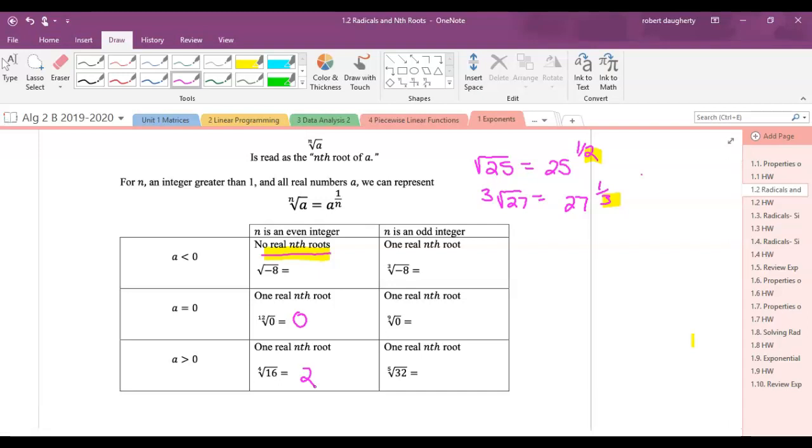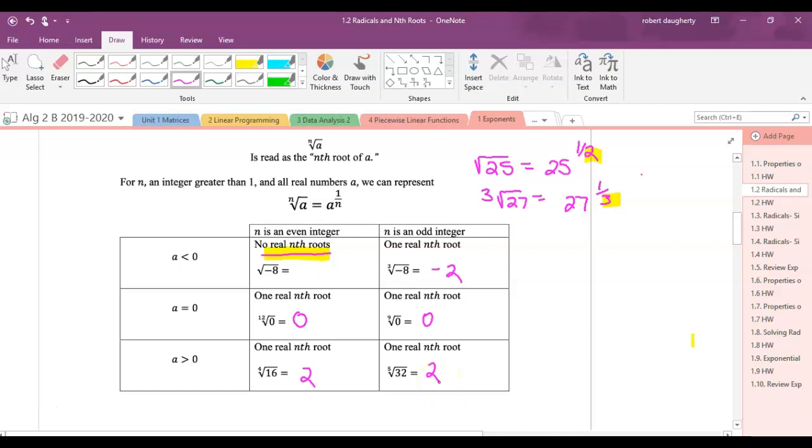If you're taking odd roots, the odd root of a negative number gives you one number back. The cube root of negative 8 is negative 2. The 9th root of 0 is 0 because 0 to the 9th is 0. The 5th root of 32: what number can I multiply 5 times and get 32? That will be 2.